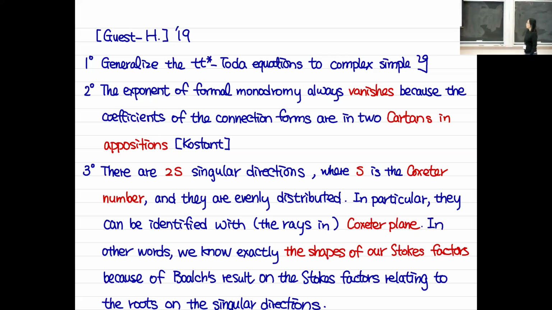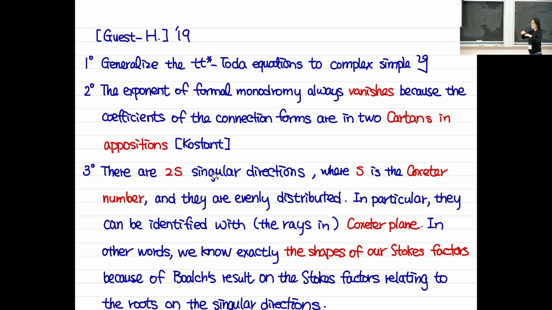And then moreover, the singular directions have a very nice geometric description. For each G, of course, we know that there is this Coxeter number S corresponding to different Lie algebras. And then there are precisely 2S singular directions, and they are evenly distributed.